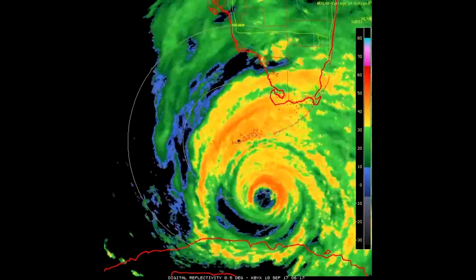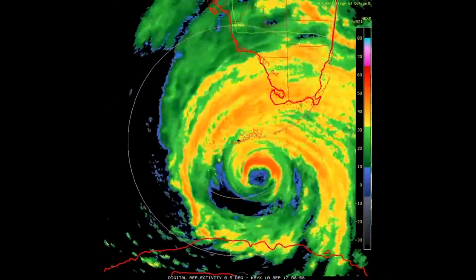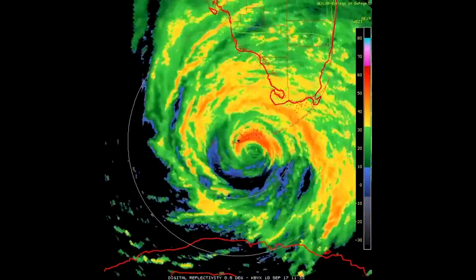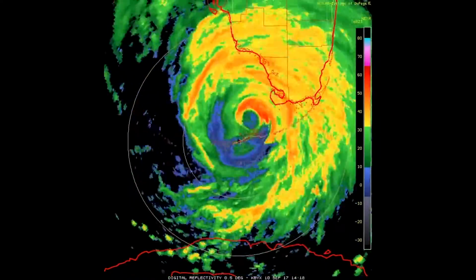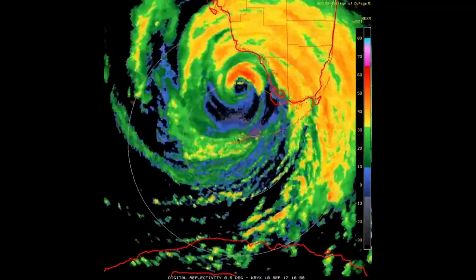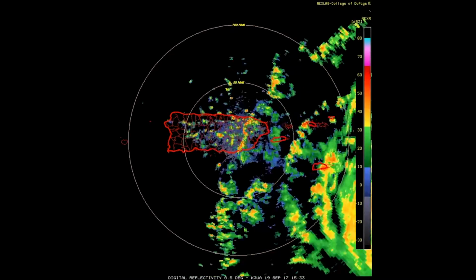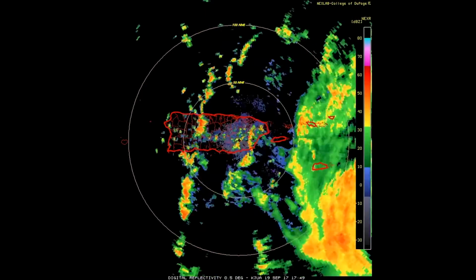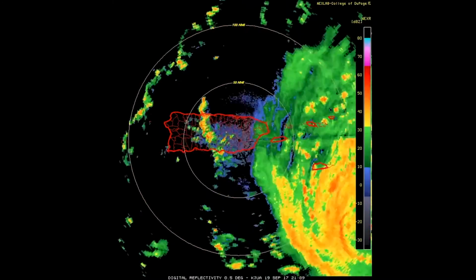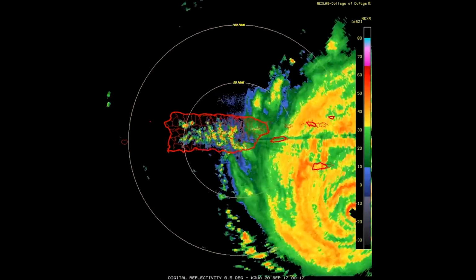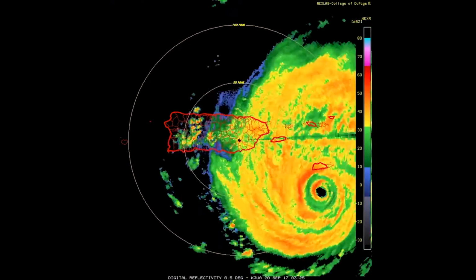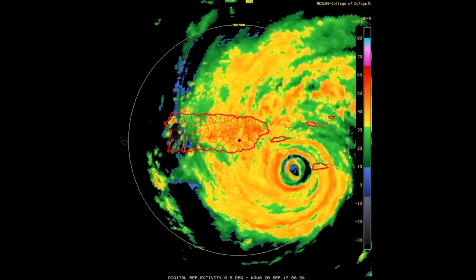So with Harvey and Irma and Maria, they were all really strong storms, but they were all of different sizes. They all behaved differently. And even though they each also underwent an eyewall replacement cycle, they had very different characteristics in terms of their strength and how they recovered from that eyewall replacement cycle. So just the variety of the different storms lets us know that we still have a long way to go in predicting which one will actually change in intensity and size.